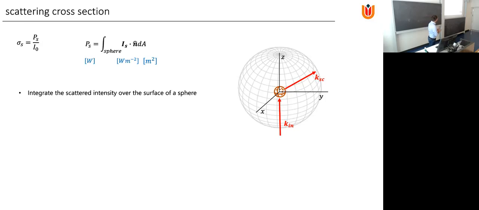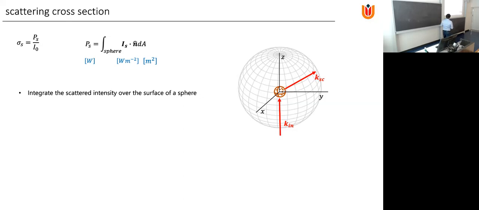The scattered power can be found by putting this big imaginary sphere around the particle and then measuring all the light that escapes through the surface of that sphere. So we have to determine the scattered intensity, do an integral there, and we sum all of the intensity that escapes through the surface of that sphere.